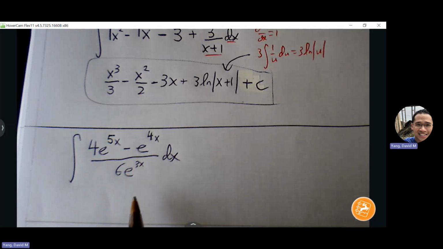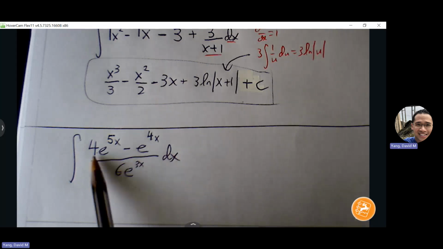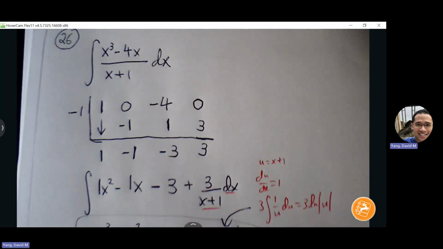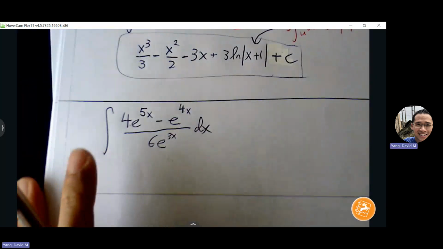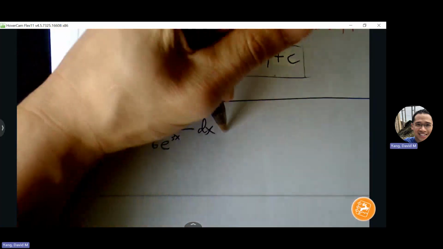Can we split this up into individual fractions? Yeah, there's only one term in the denominator, right? So let's go ahead and do that. We couldn't do that before. But if there's only one term, we can think of this as separate problems.